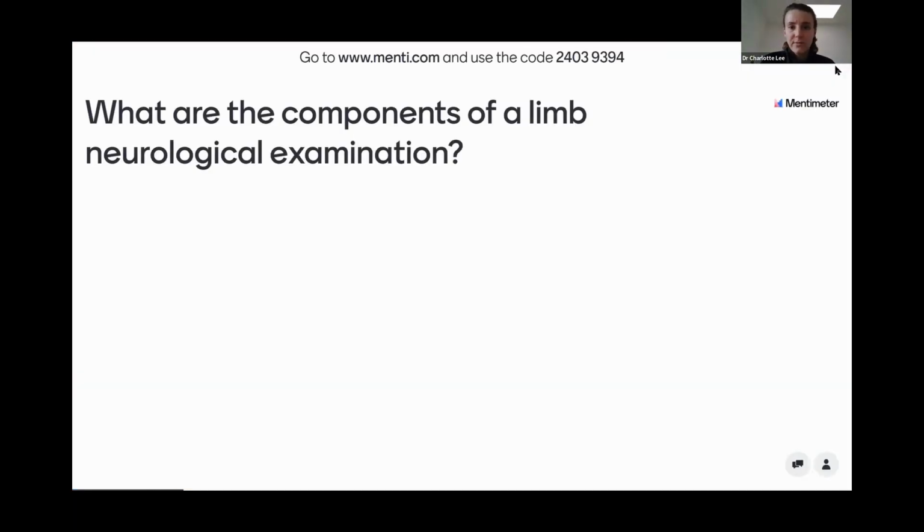So what are your components for a limb neurological examination? How are you going to structure it? Can you think of any particular components for it? Yeah, good start. Let's see if we've got a few more coming through.